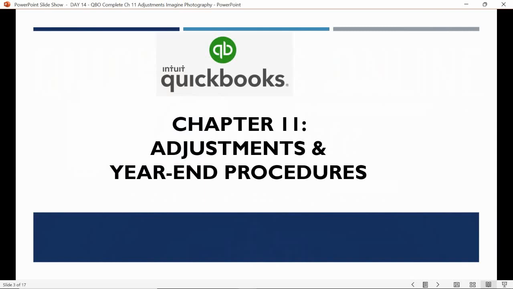Whether you're going to do your quarterly reports or your annual reports, at the end of the day, you have to make your adjustments at the end of the year because you have to file for taxes, right? Every year, by the end of the year, you have to file taxes no matter what.